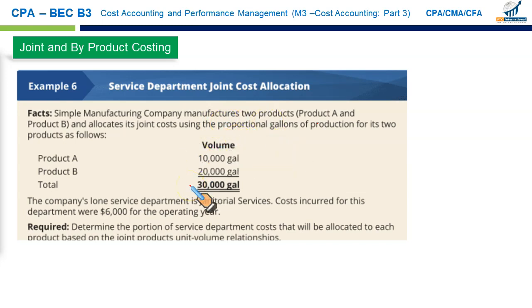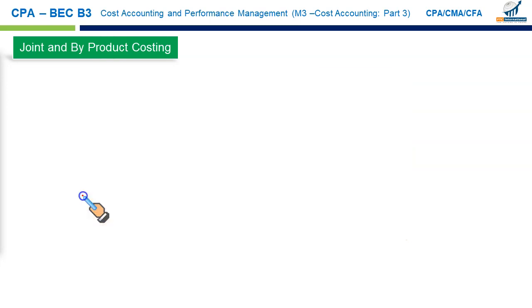These are two units, products A and B, and we have to allocate the $6,000 of service department cost, the janitorial services, to products A and B. Use these 10 and 20 proportions and split 6,000 between A and B based upon this proportion. If you do, it's going to be 2,000 for A and 4,000 for B. So this is how we allocate this 6,000 of janitorial service department cost to products A and B. It's fairly straightforward, no science involved here.